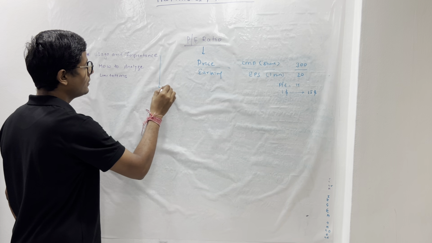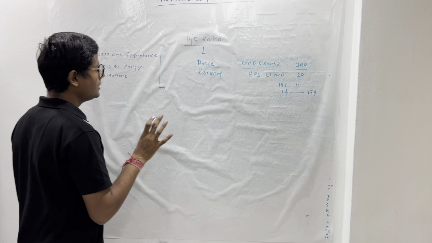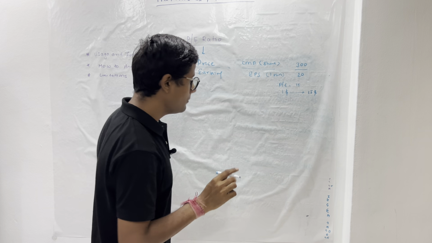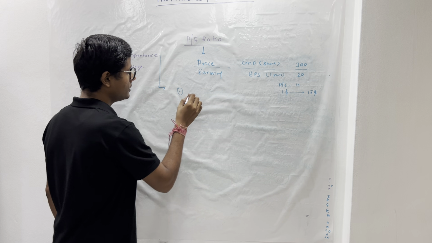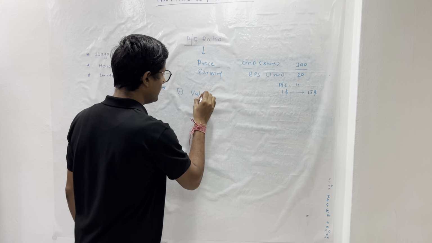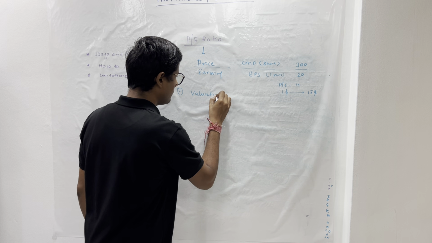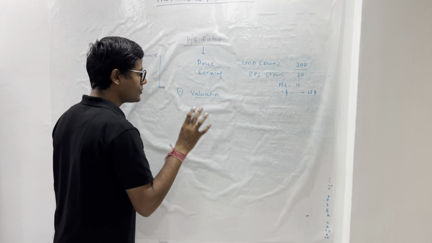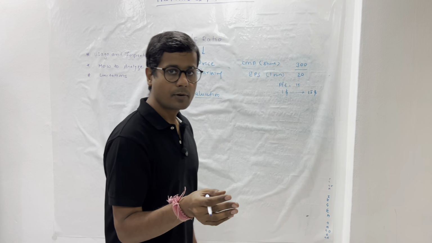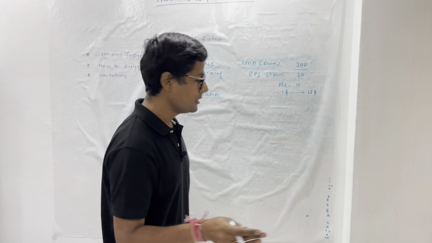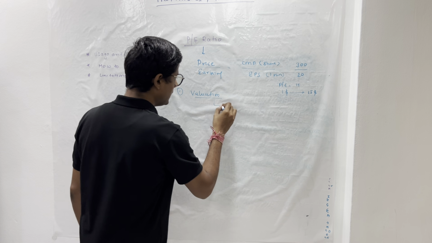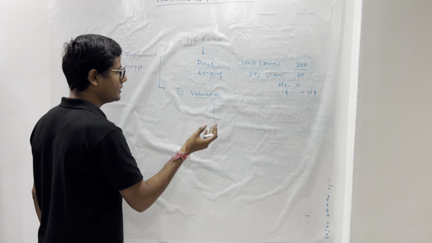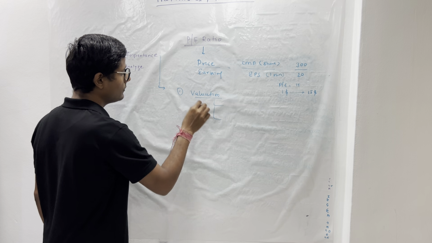First we will understand the usage and importance of the PE ratio. One of the very important usages is to understand the valuation, whether the stock is overpriced, underpriced, or fairly priced. The PE ratio is used to have that valuation.